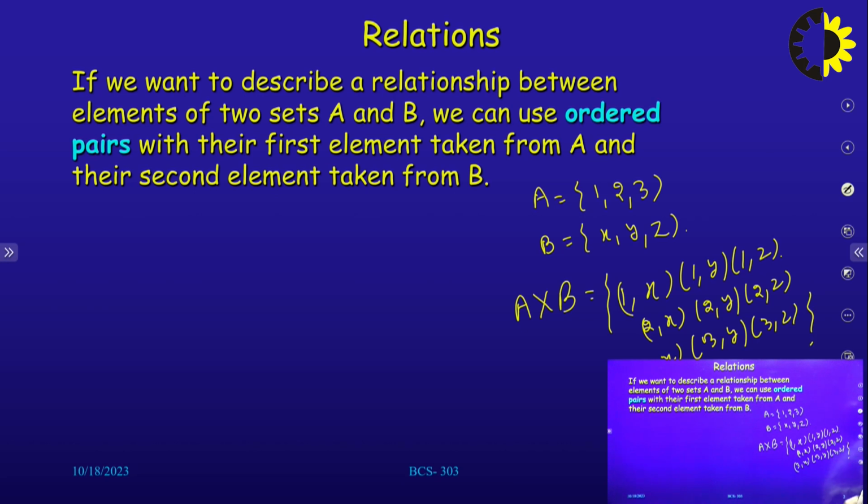This is the total set of ordered pairs constructed in A cross B. So the total number of ordered pairs is 3 plus 3 plus 3, which becomes 9.